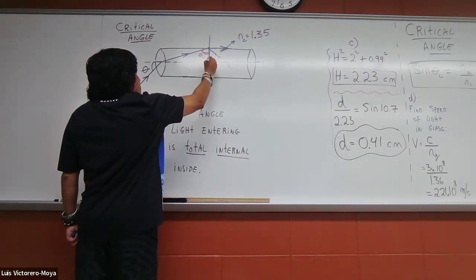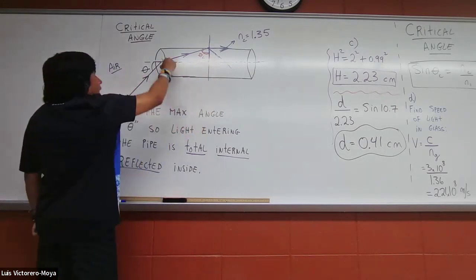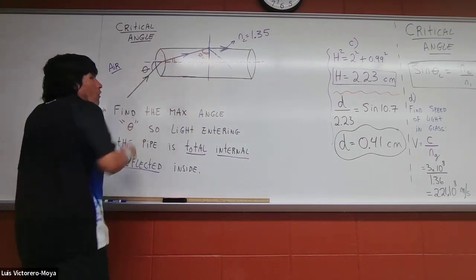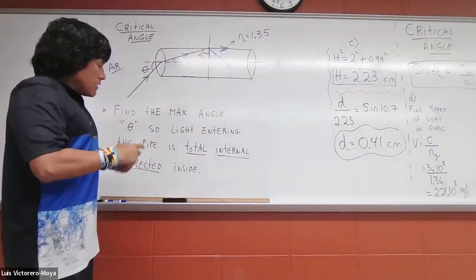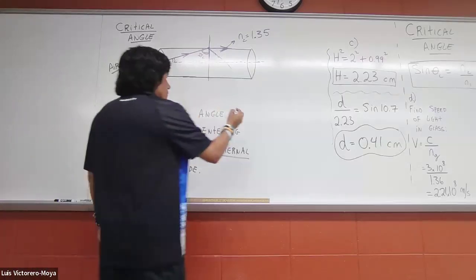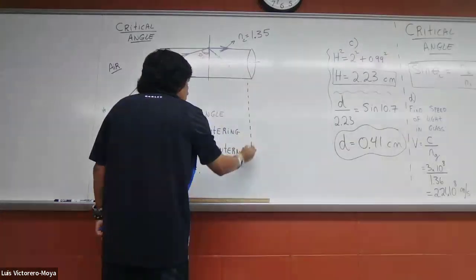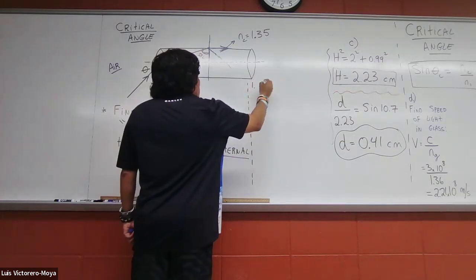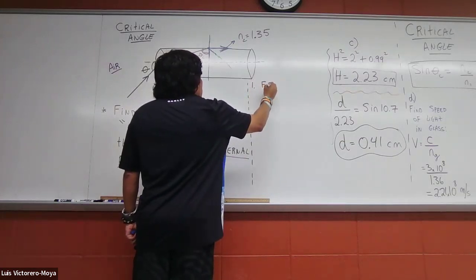So this is also 90 degrees. I can find the angle here, and here I can use Snell's law, right? So let's write it here. First, let's find the critical angle.